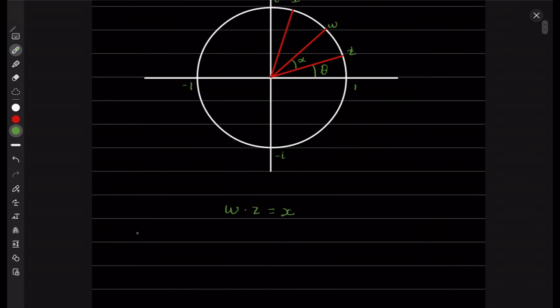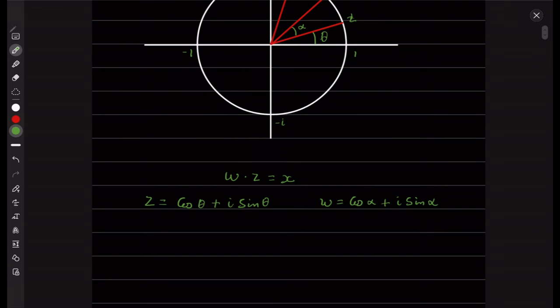We know z can be said as cos theta plus I sine theta, and w is equal to cos alpha plus I sine alpha.